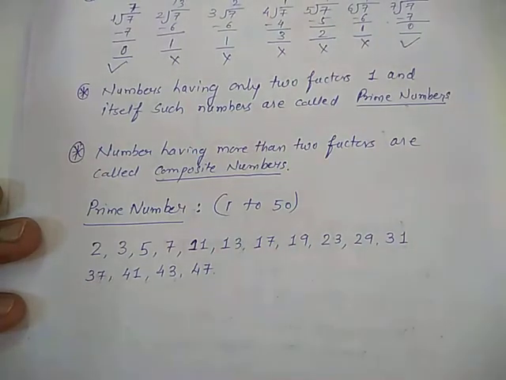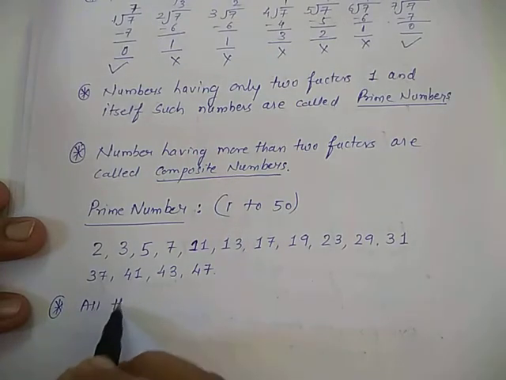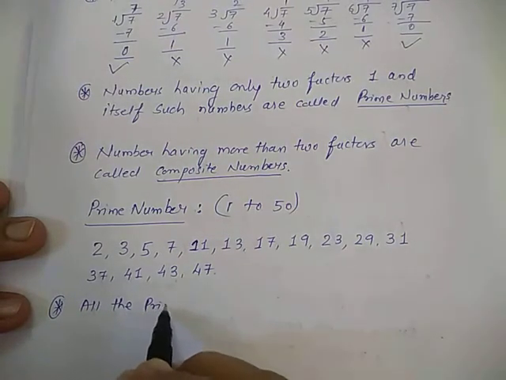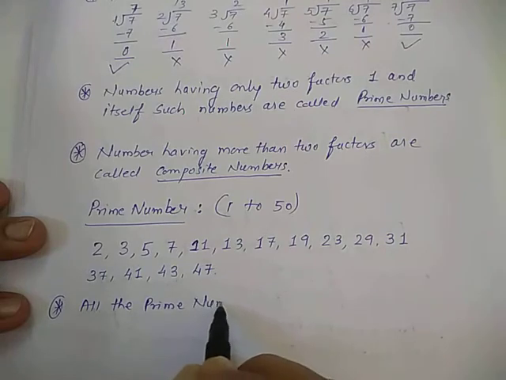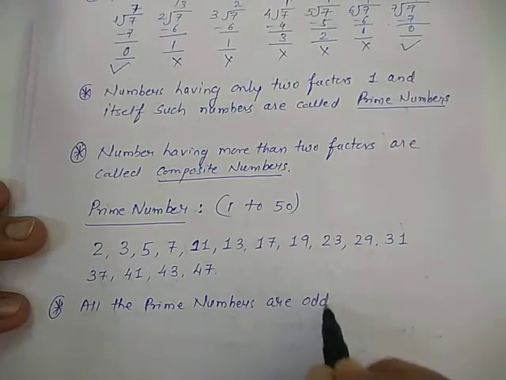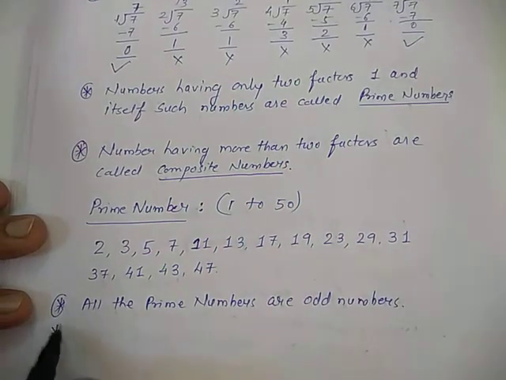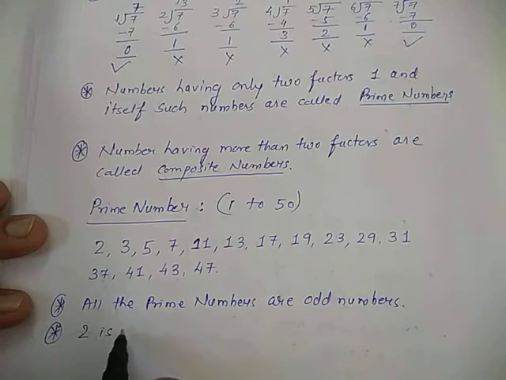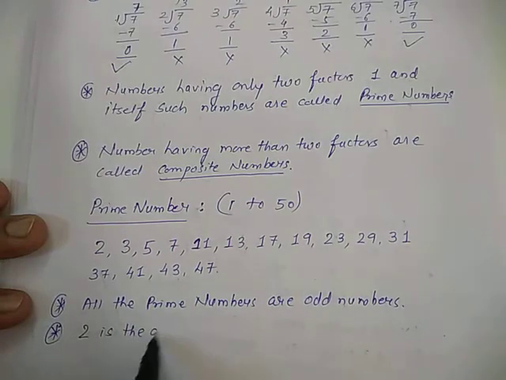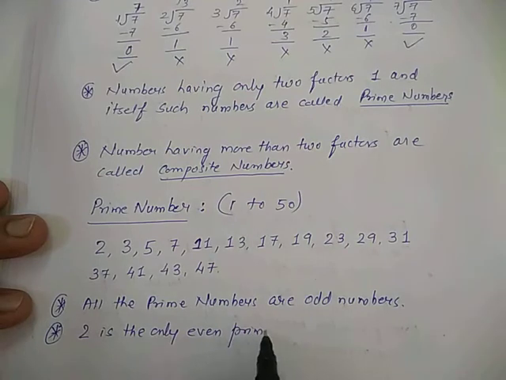If you proceed, you will find all the prime numbers are odd numbers. All the prime numbers are odd numbers. Secondly, 2 is the only even prime number.